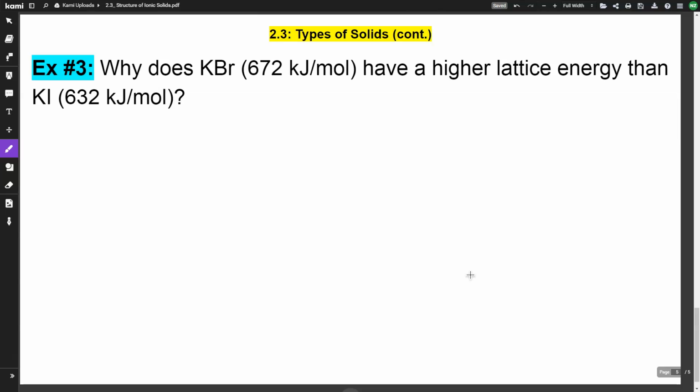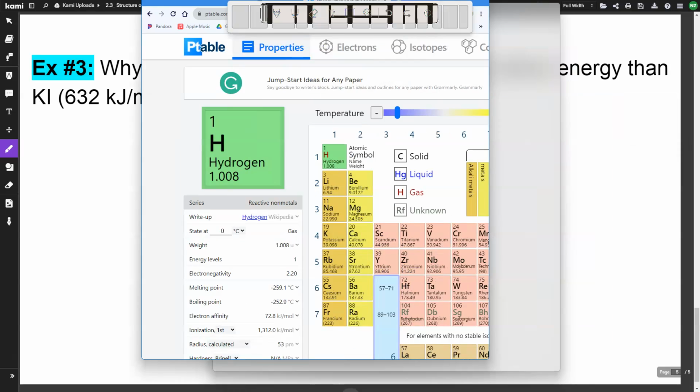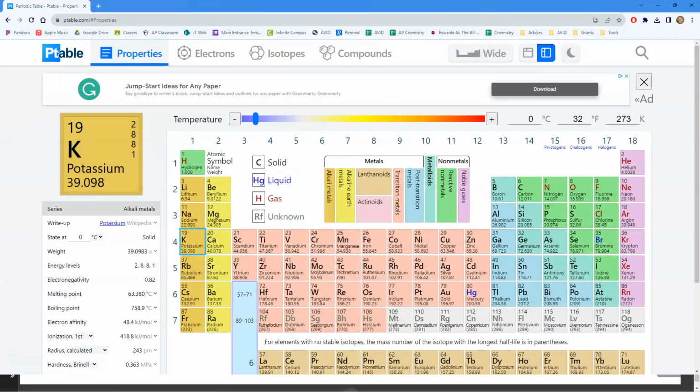Why does potassium bromide have a higher lattice energy than potassium iodide? Well, let's look at our periodic table and see where they are. So we have potassium bromide. Potassium and then bromine is way on the other side. Actually they're in the same period, number 4. And potassium iodide.